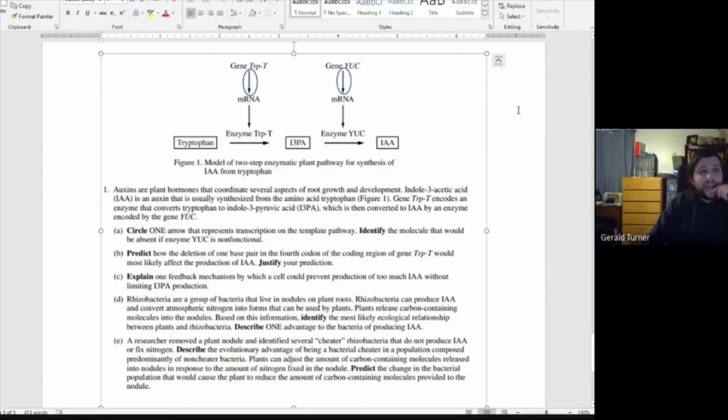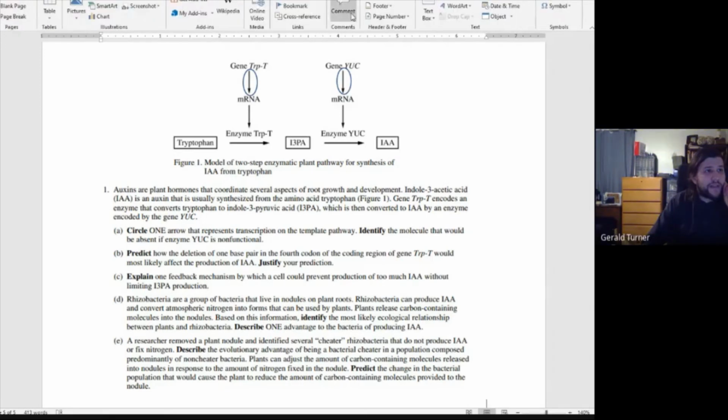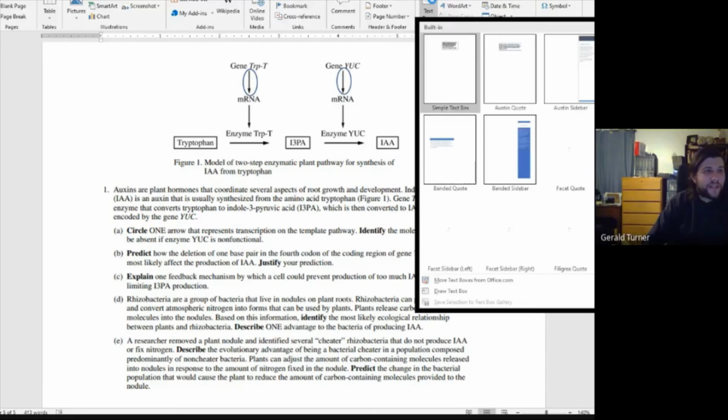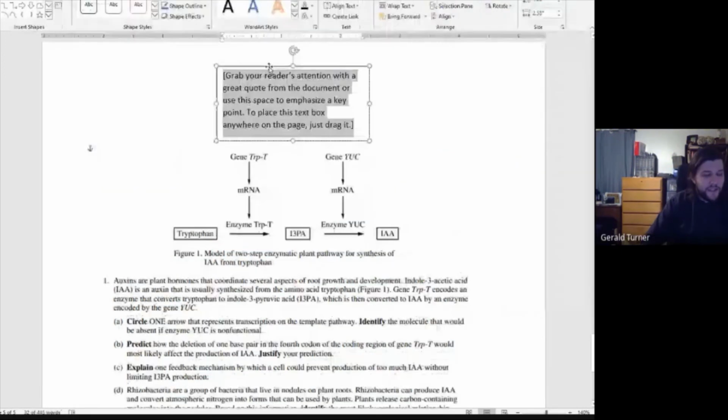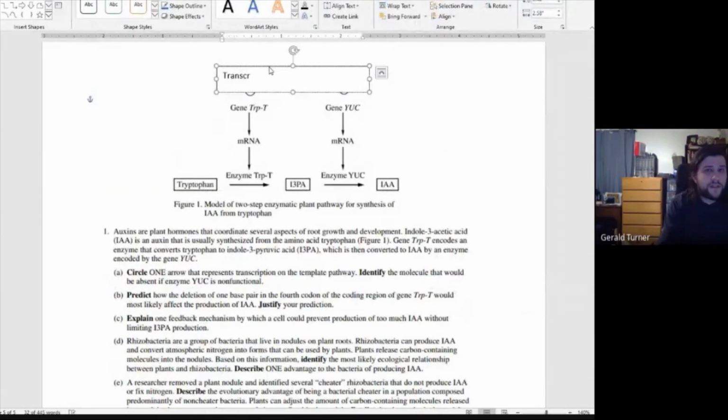And I get a little bit paranoid whenever I'm doing an exam and I try to over-communicate. So it wouldn't be a bad idea to write in next to that, this is where the transcription is taking place.